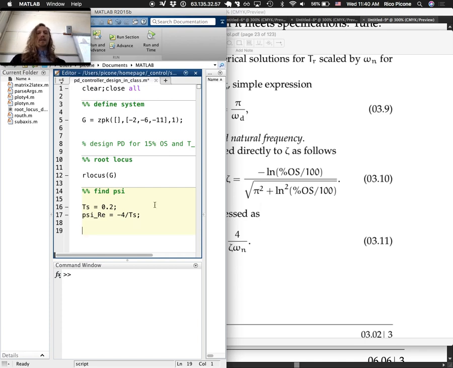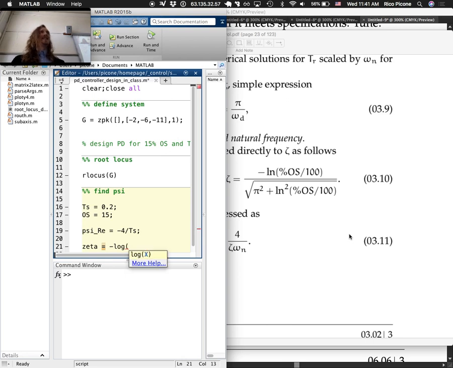But now we need to know, it wasn't just ts that we were given, it was also overshoot, 15%, right? So now we need to solve for zeta. It's equal to negative log, how do you do natural log in MATLAB again? Is it ln? No, it's just log. Log 10 is log base 10, that's right.